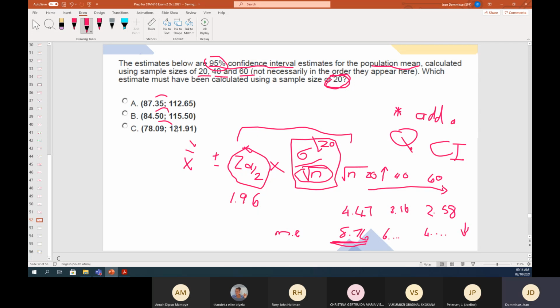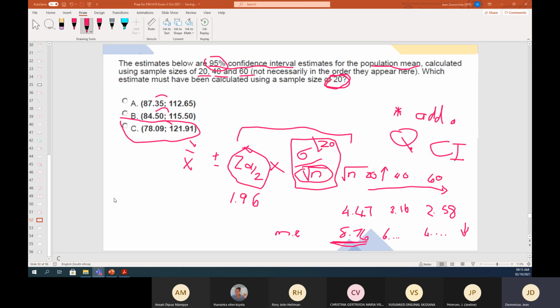That gap is smaller than that gap, which is smaller than that. So nearly what we're saying here is, as your sample increases, your margin of error decreases.